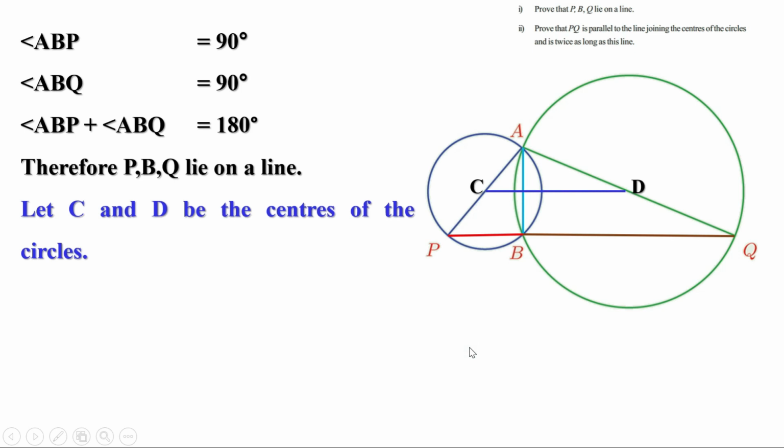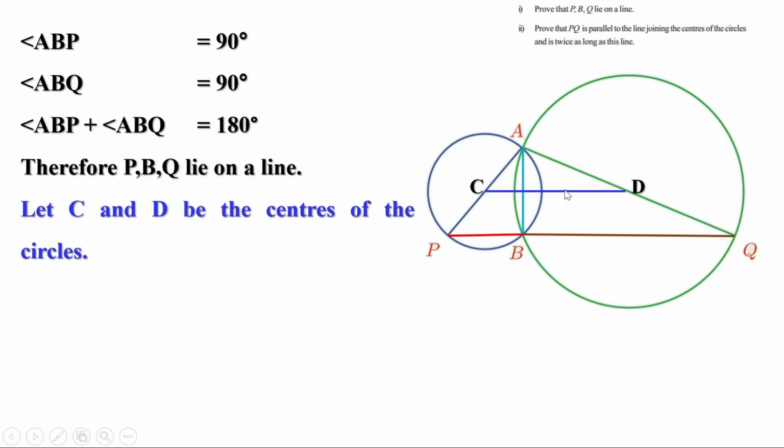When we join them, we get the line CD, and we know the line joining the midpoints of two sides of a triangle is parallel to the third side, and the length of that line is half the length of the third side.